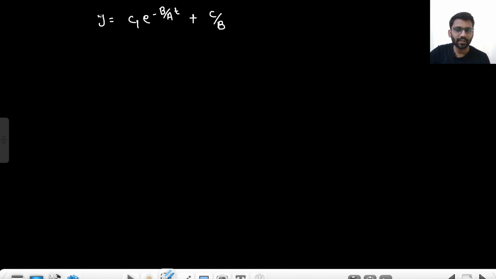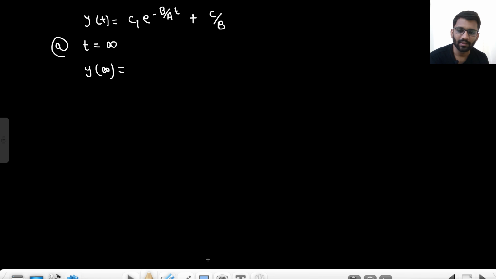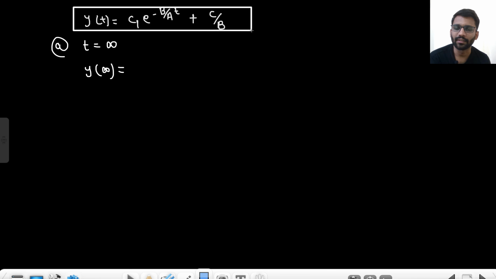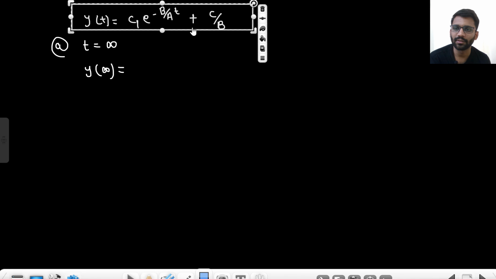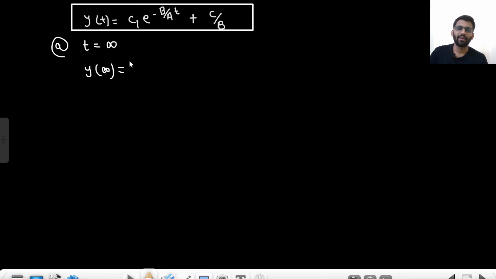This is a function of t, so I can write y(t) equals this. Now see one thing: at t equals infinity, what will happen? This is our final equation of y(t); that also I need to put in the box. If I put t equals infinity, y of infinity will be equal to c by b, because this value will go down to 0.